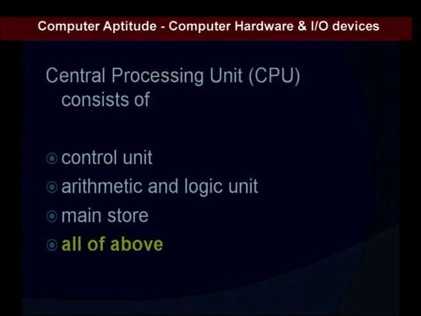Next, the central processing unit, that is the CPU. It is the heart of the computer. It consists of different units: the control unit, the arithmetic and logical unit, and main storage.